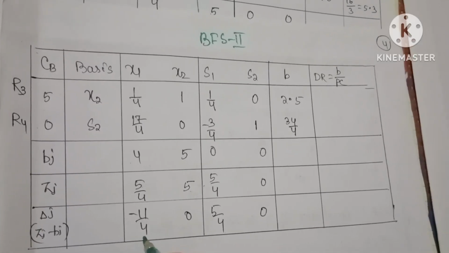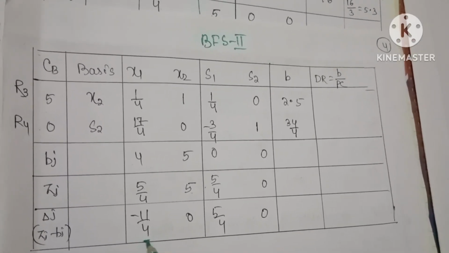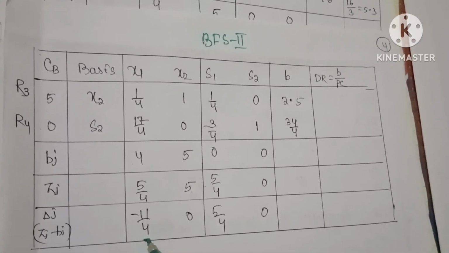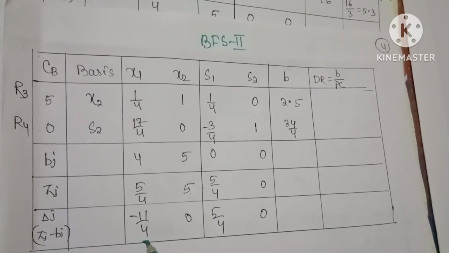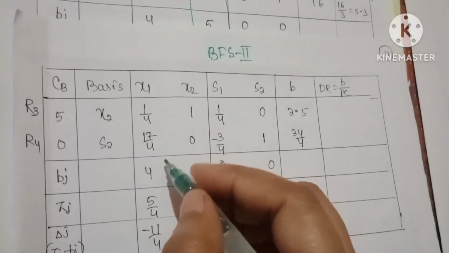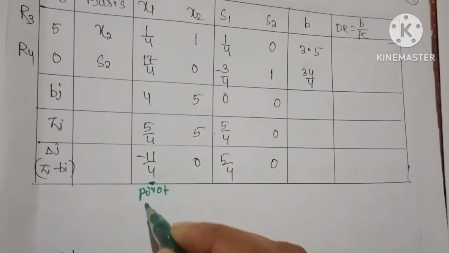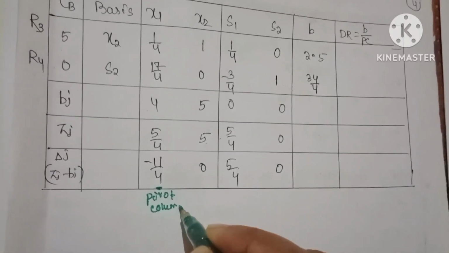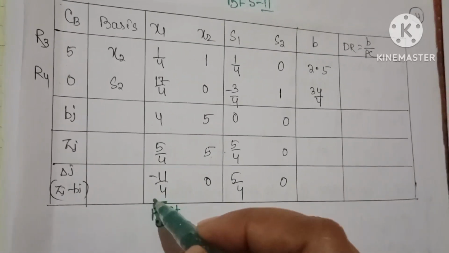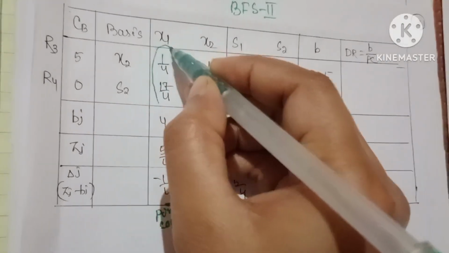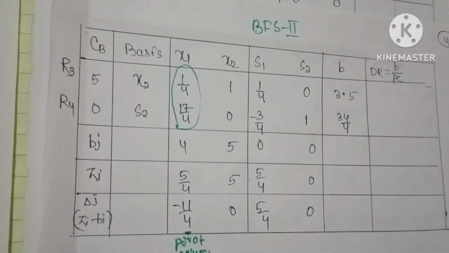This minus 11 by 4 is the largest negative number in the indicator row. So this becomes your pivot column.